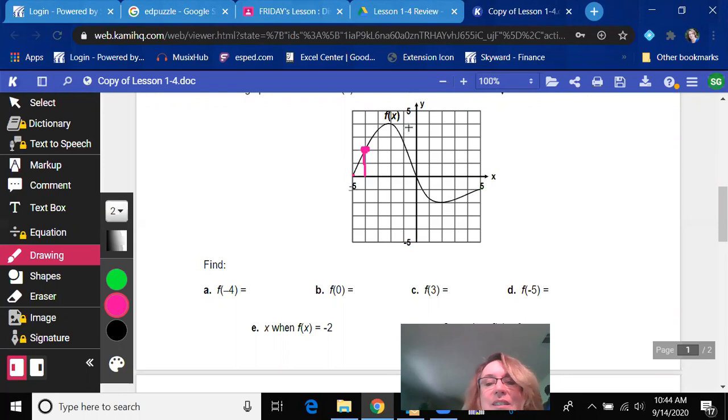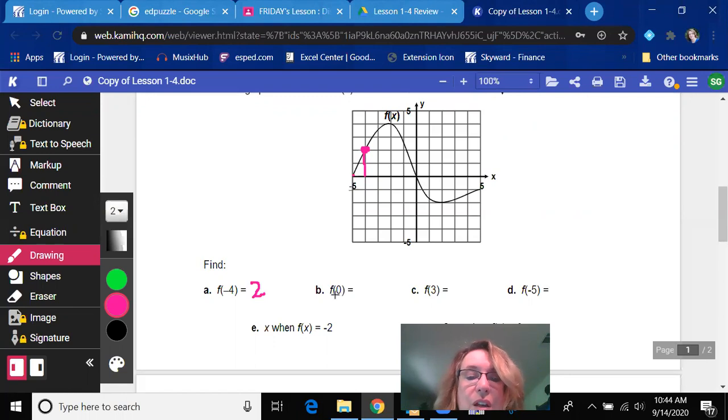Yep. So -4, 2. Yeah, you look across. So I go to the X, follow until I hit the line, and then read along there. So this one is 2.